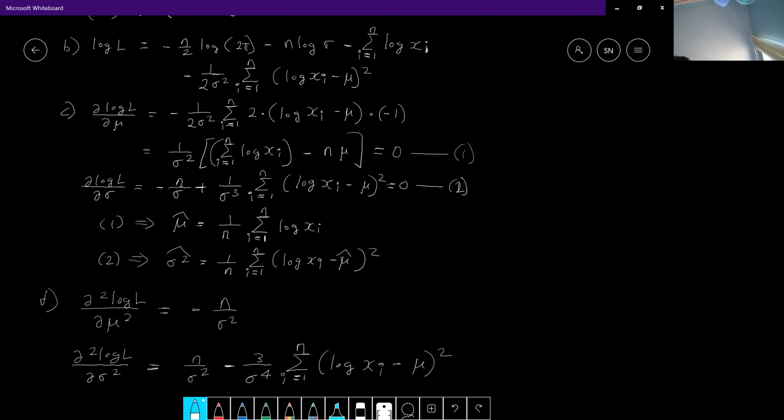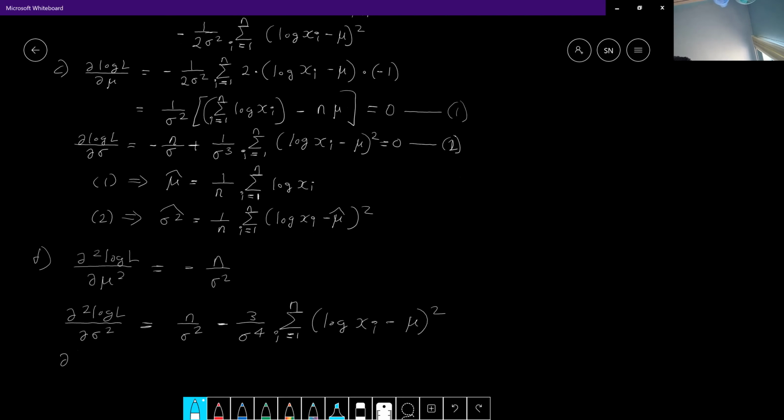And finally, the mixed derivative with respect to mu and sigma will be minus 2 over sigma cubed times the sum of the log of xi minus n mu, right? So these are the three second order partial derivatives.